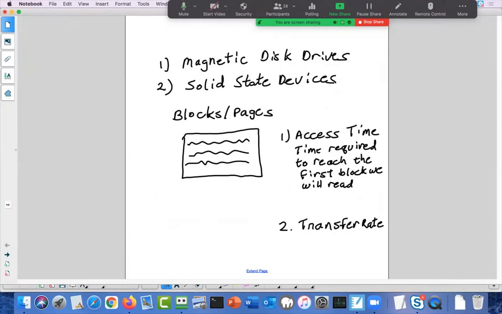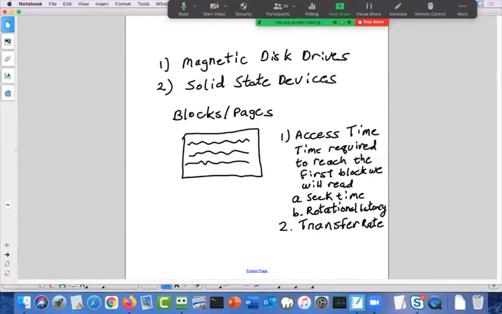So with magnetic disk drives, we have to go further, and there's two concepts called seek time and rotational latency. Which the book did not really go into, and which I will.